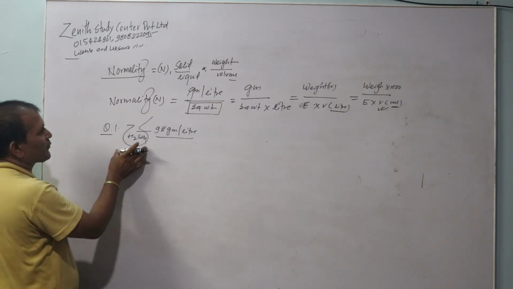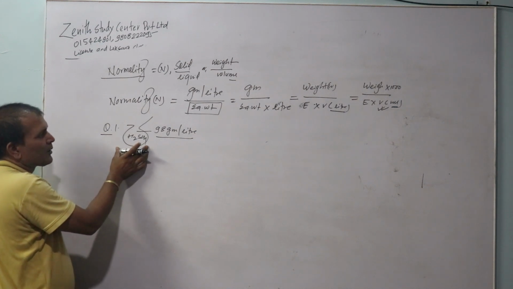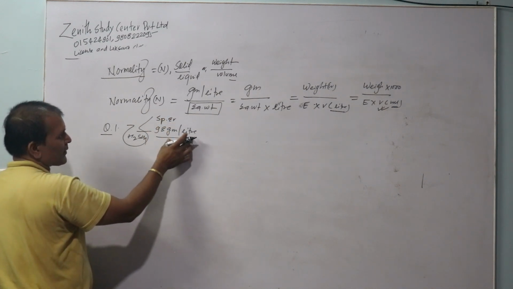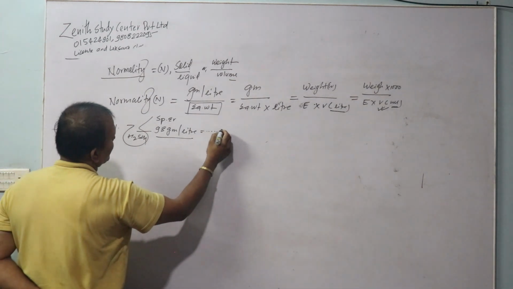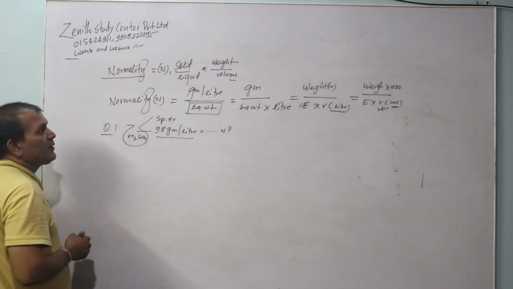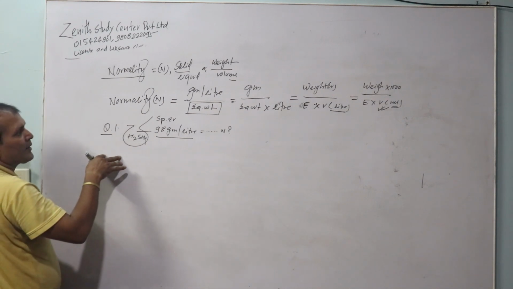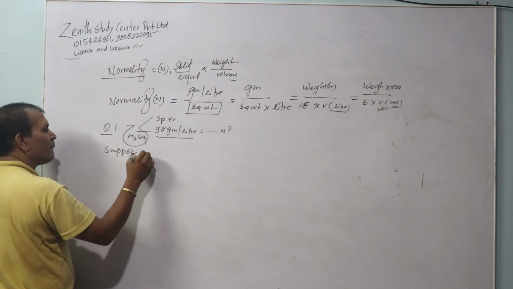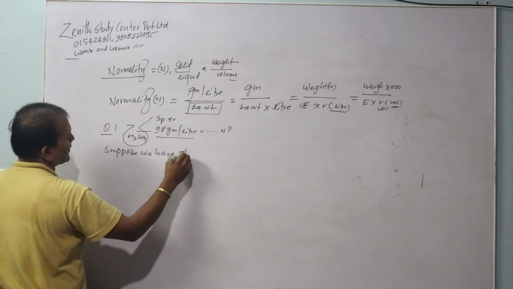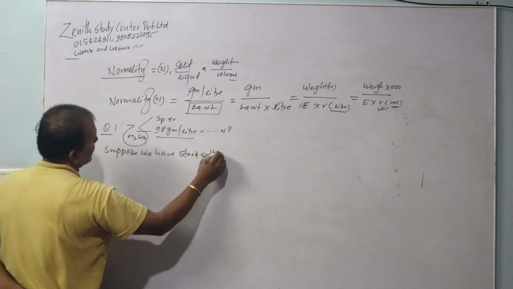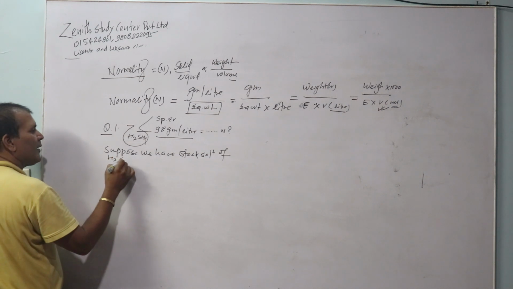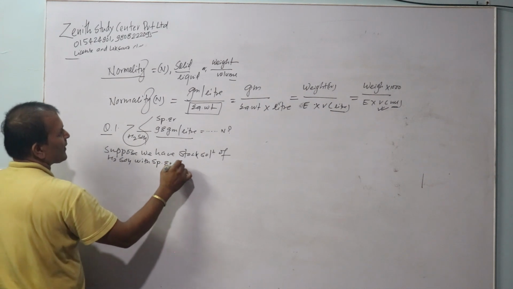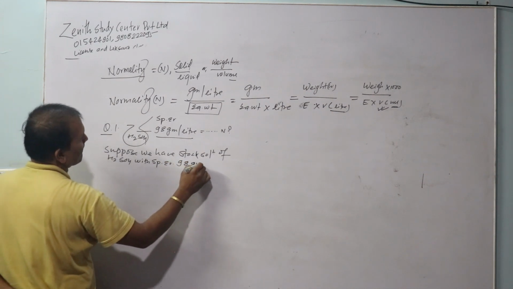Suppose you have a stock solution of H2SO4 with specific strength 98 gram per liter.